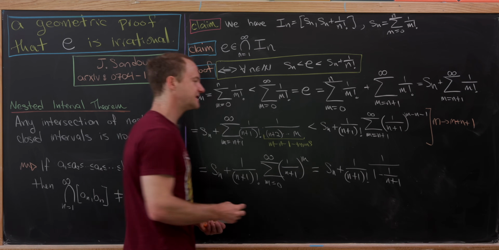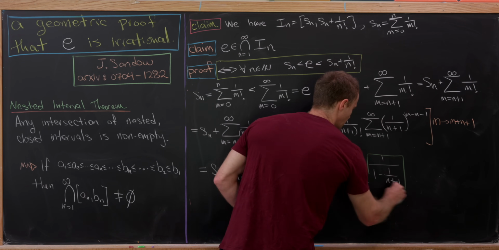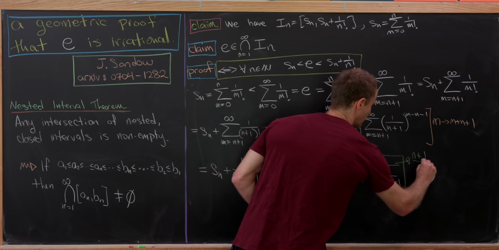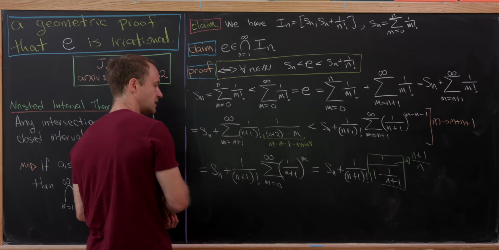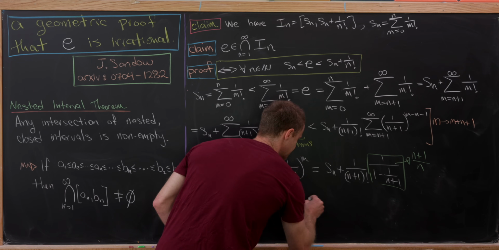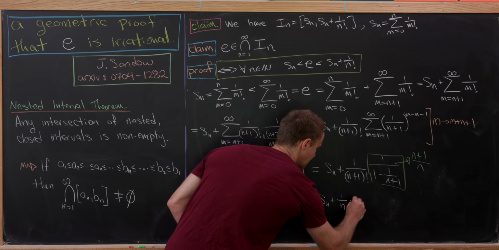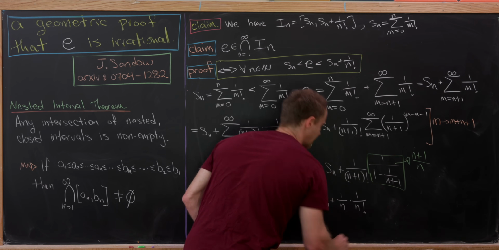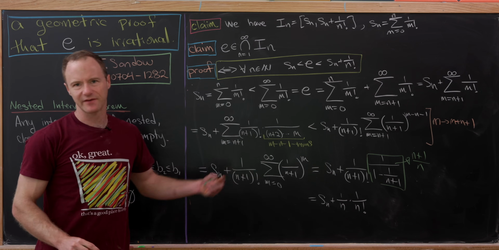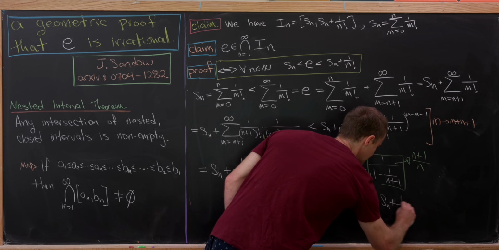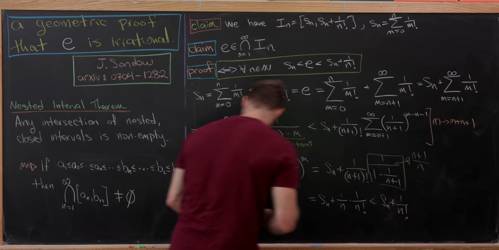Now a pretty simple simplification will allow us to write this thing in the green box as n plus 1 over n. So in the end, this is equal to s sub n plus 1 over n times 1 over n factorial. Just after a little bit of simplification, but that's pretty clearly less than s sub n plus 1 over n factorial.